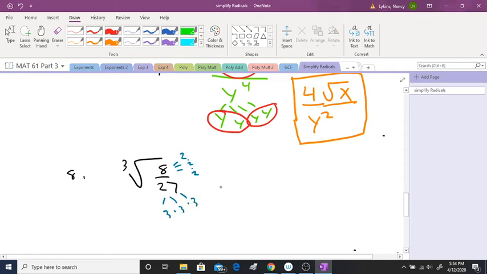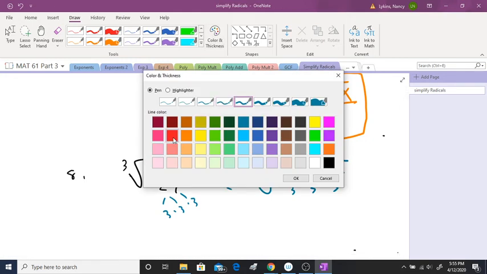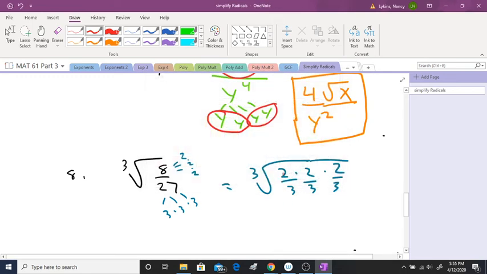We've seen this quite a bit. So under here, that means I've got 2 times 2 times 2 over 3 times 3 times 3. We can treat those as fractions. I got a cubed root. That means I see 3 of these. So it means I bring it out, 1 out. This is my answer, 2/3.